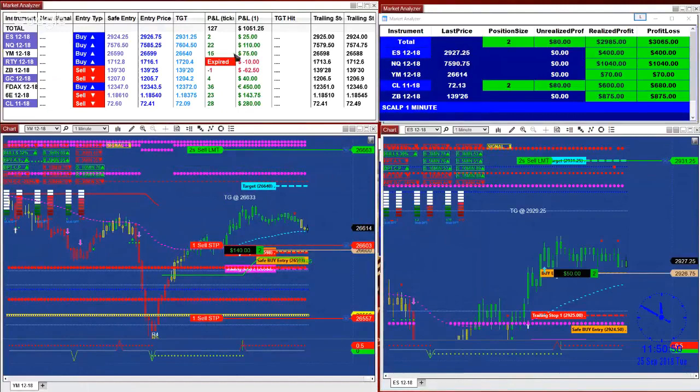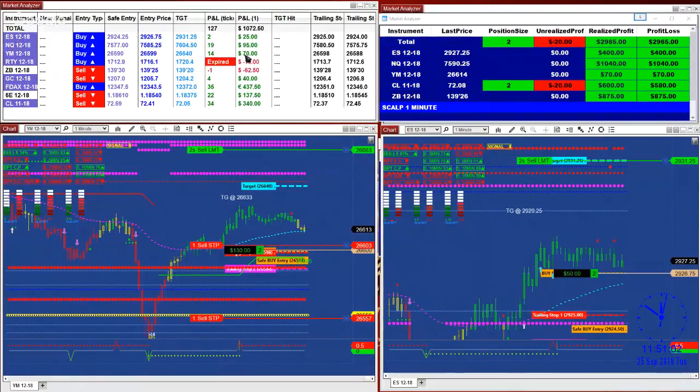Okay, now on the Nasdaq, based on one contract, we have ES $25, Nasdaq $100, YM $70, based on one contract. And still this market is not moving.